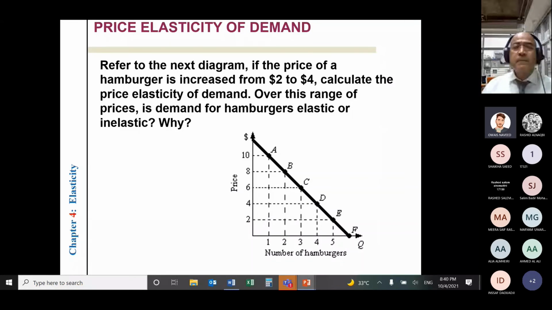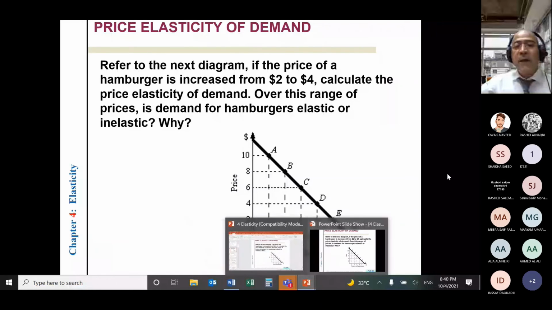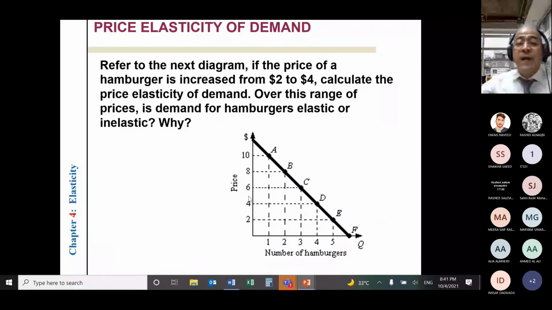So it should be elastic, right? Actually, for me, if point C is the midpoint, the range from C to B is at the upper portion, so demand should be elastic, more than 1.